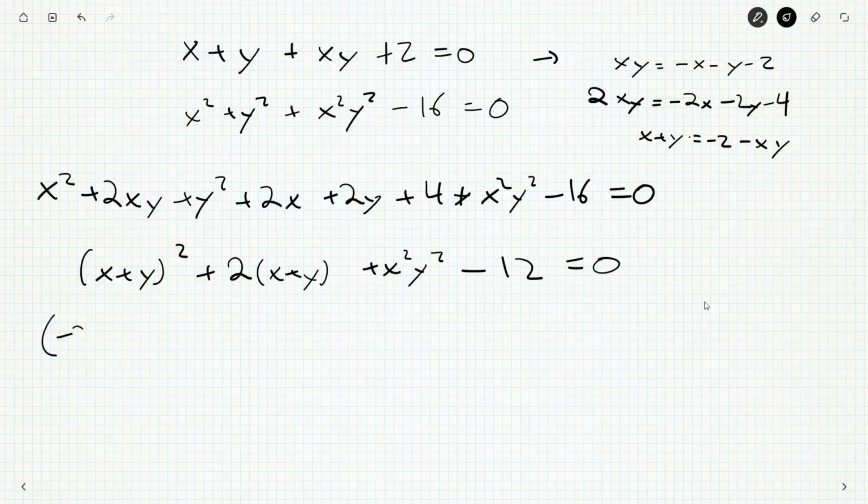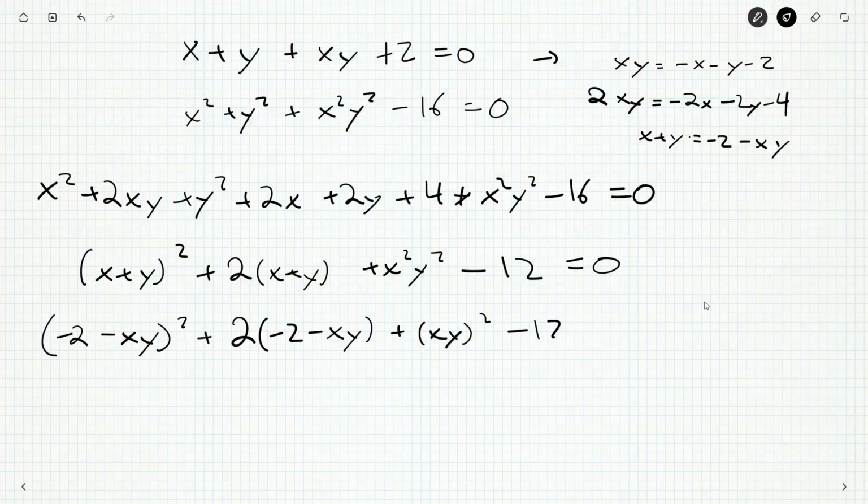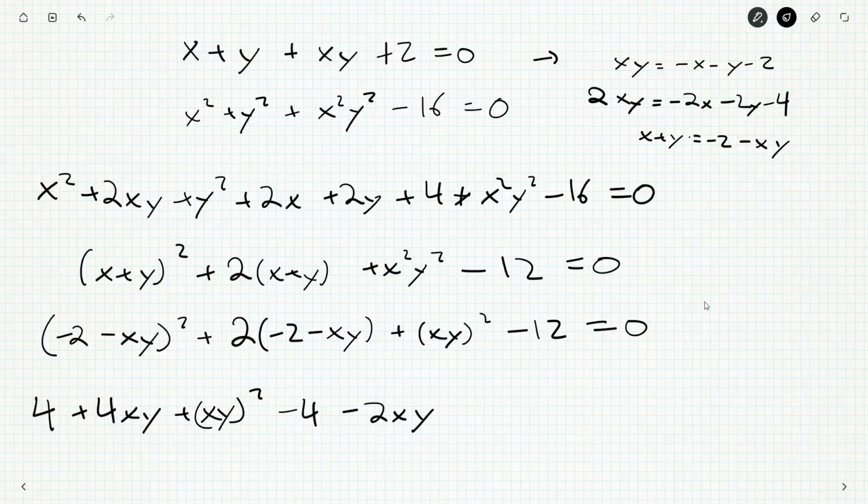So I could write this as negative 2 minus xy all squared plus 2 times negative 2 minus xy plus x and y all squared minus 12 equals 0. And then this becomes 4 plus 4xy plus xy all squared minus 4 minus 2xy plus xy all squared minus 12 equals 0.